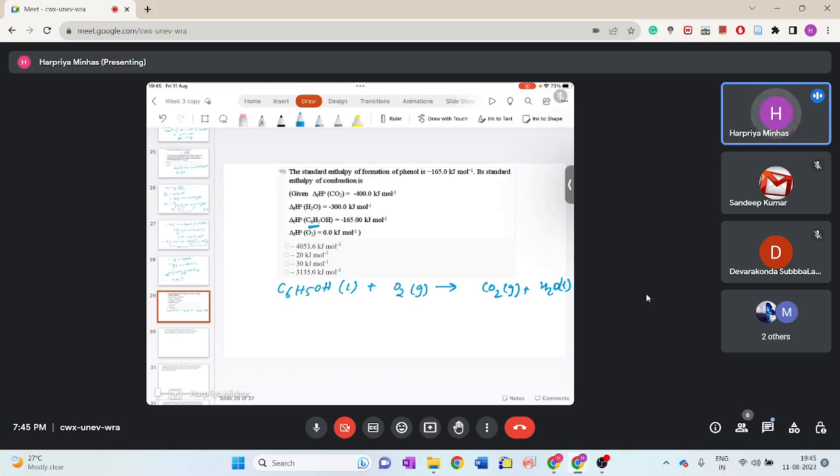So how much O2 is required here? Seven, right? Yeah, 7 moles. And how much CO2? And how much water? 6 and 3, right? This is what you are getting after balancing the equation.